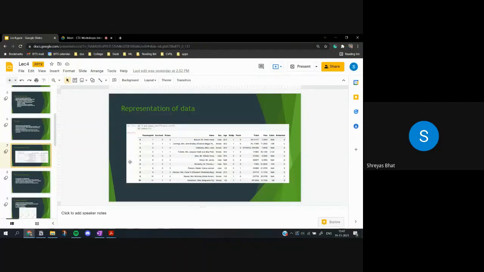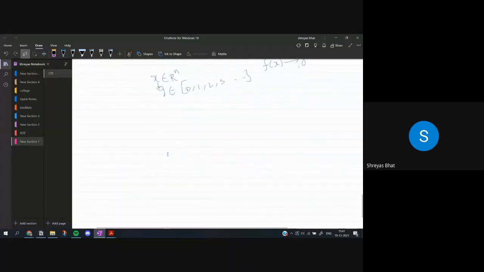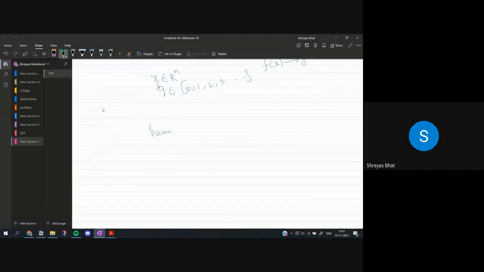So basically, till now what we've seen is you have training data, and according to the data, you get an algorithm. We'll look at what algorithms are there in the coming classes.